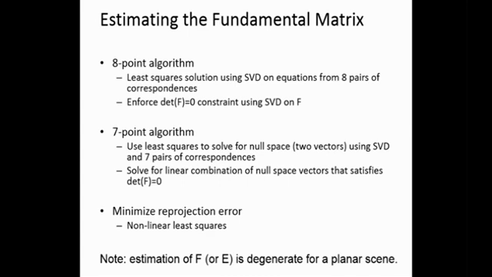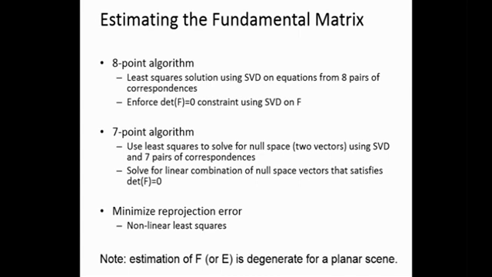So I'll get into the 8-point algorithm in a moment, but one thing to note is that trying to estimate F or E is degenerate for a planar scene. If all of your 3D points that are imaging onto your corresponding points are on the same plane, then you can't solve for F. There are many valid solutions for F, and so you're going to get some random solution.